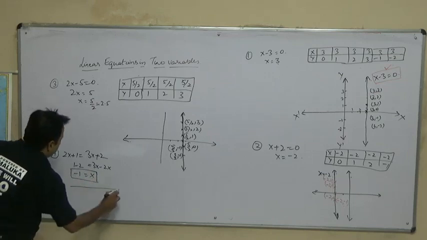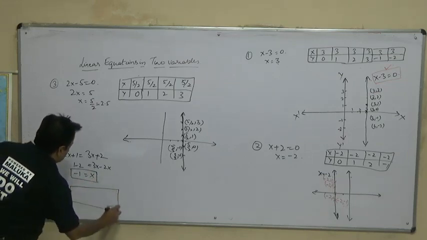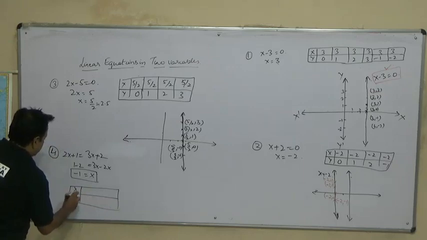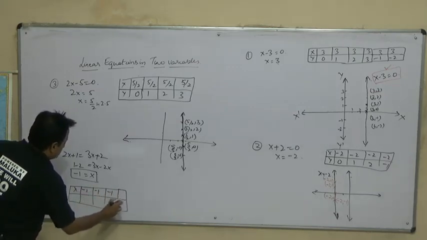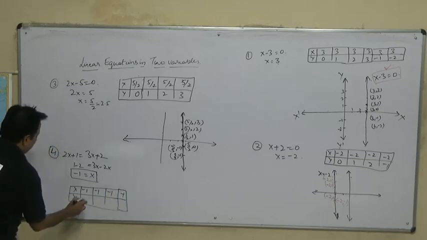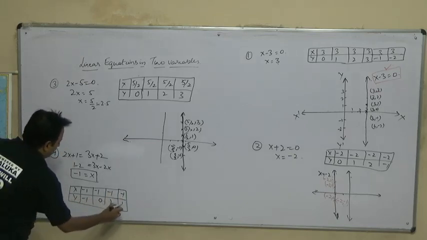So if we generate table for this, value of x will remain minus 1, minus 1, minus 1. One more value we can take, and for y it can be minus 1, 0, 1, 2.